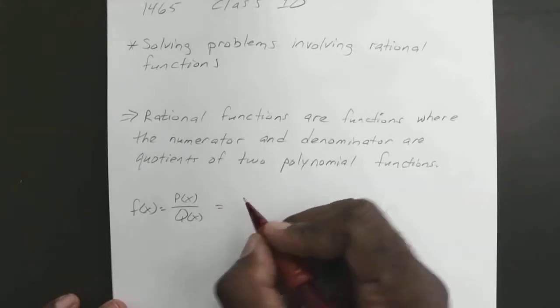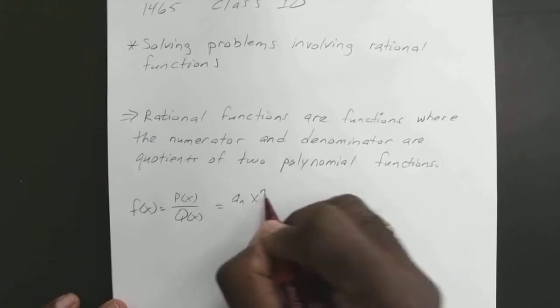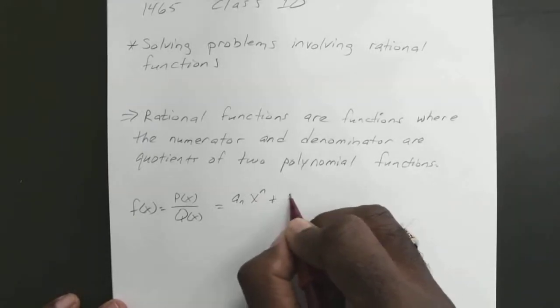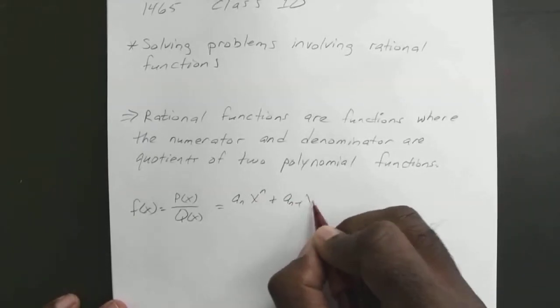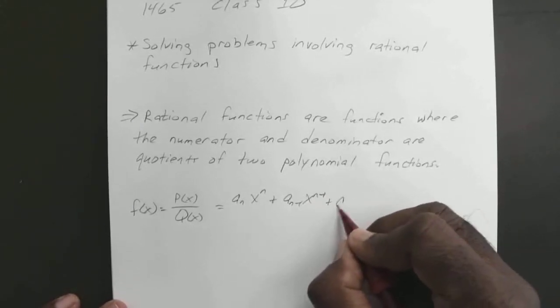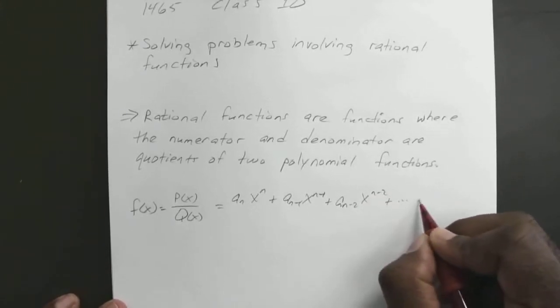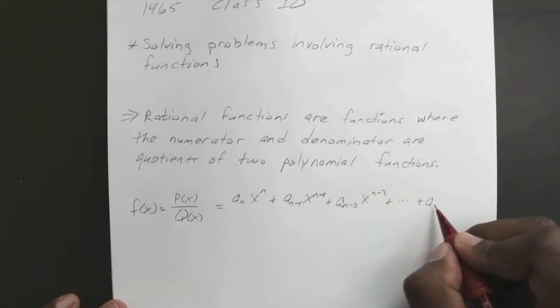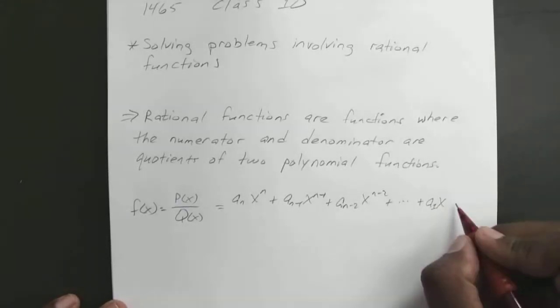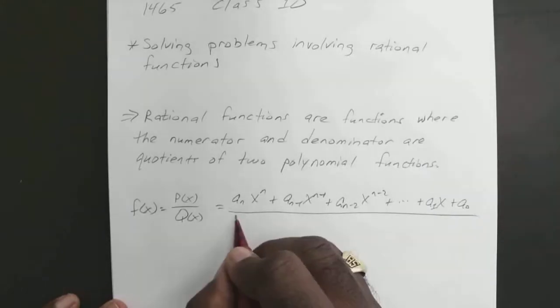Okay. Some generalized polynomial, we'll call it lead coefficient a sub n, x to the n power. And then the degree just drops all the way until you hit some x coefficient and your constant coefficient all over another polynomial.